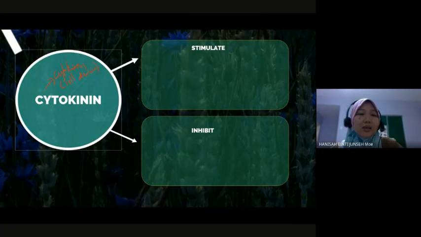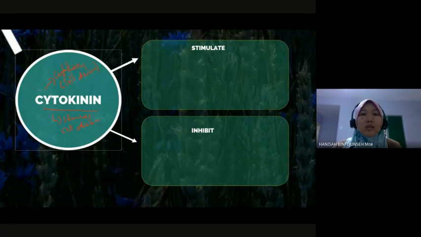Meaning that cytokinin helps to stimulate cell division. Again, what is cell division? Cell division is to produce a new cell. New cell means new tissue, new organ. So in order to produce, we need cell division. So cytokinins help to stimulate cell division.